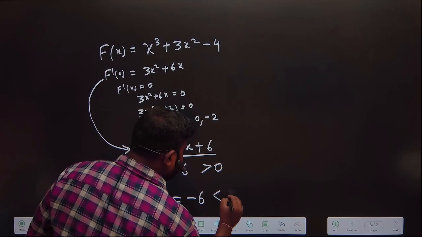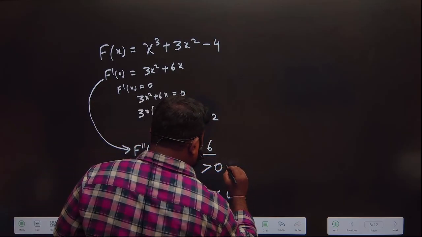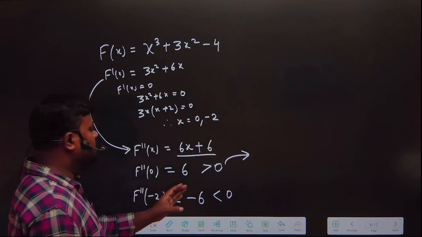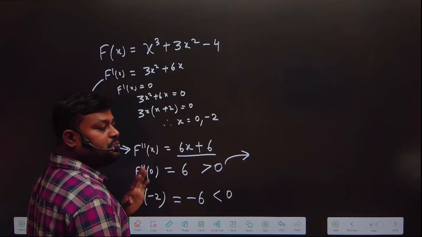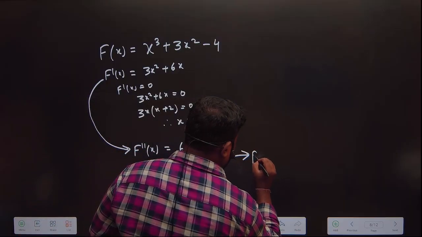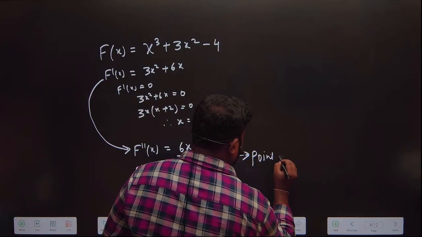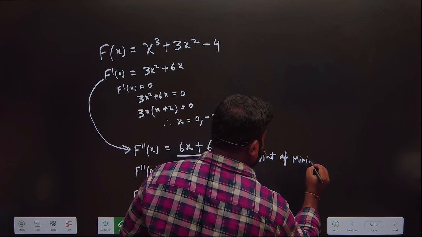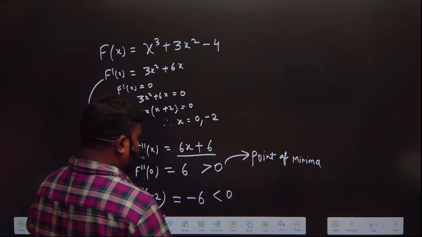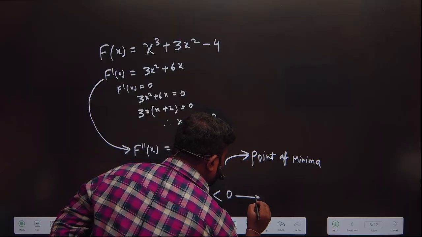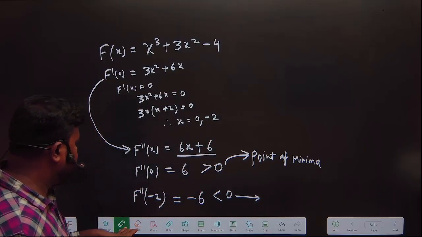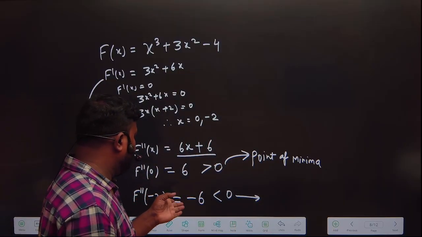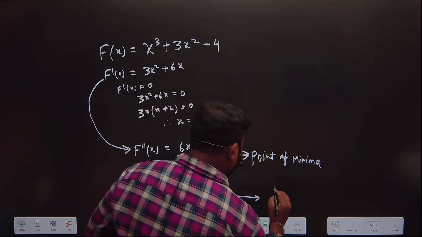It is less than 0. When the double derivative is greater than 0, that is known as the point of minima. And when f double dash of c is less than 0, that is the point of maxima.